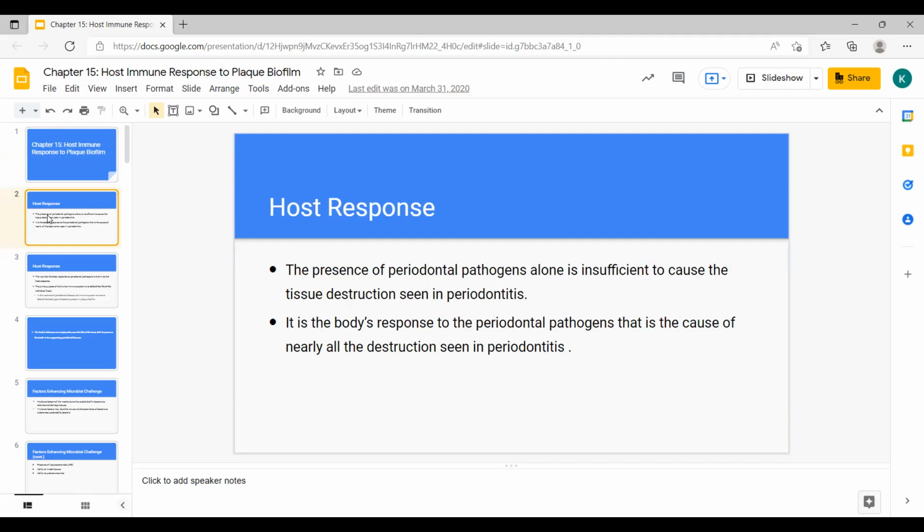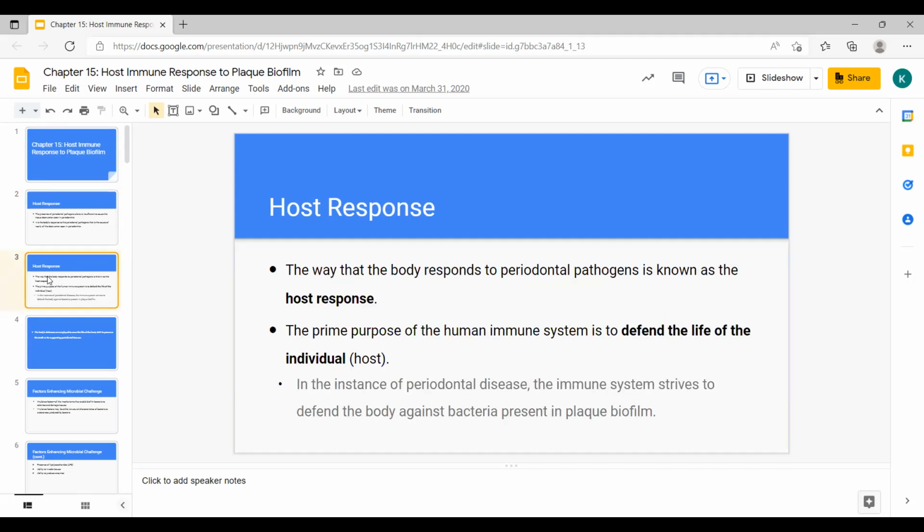It is the body's response to the periodontal pathogens that is the cause of nearly all of the destruction seen in periodontitis. The way that the body responds to periodontal pathogens is known as the host response. The prime purpose of the human immune system is to defend the life of the individual, the host. In the instance of periodontal disease, the immune system strives to defend the body against the bacteria present in plaque biofilm.